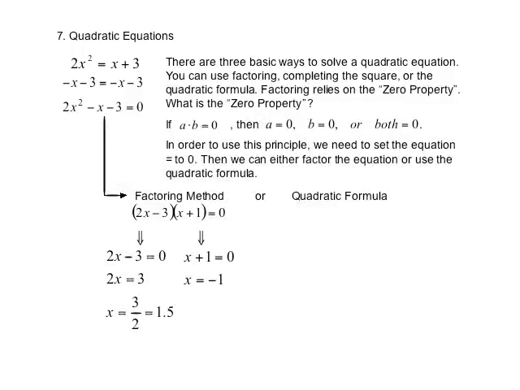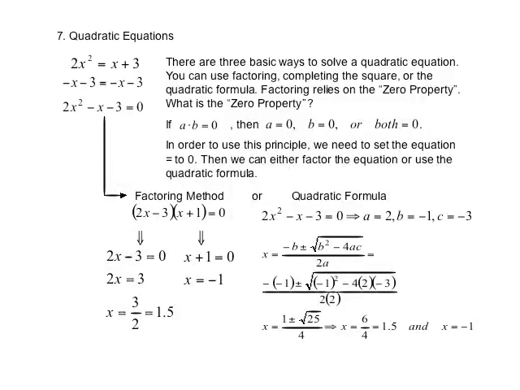Now let's see how we would do it using the quadratic formula. Okay, we still have to set it equal to 0, and once it is, this implies that a is equal to 2, b is equal to negative 1, and c is equal to negative 3 when you look at the general quadratic equation ax squared plus bx plus c equals 0. Now, the quadratic formula states that x is equal to negative b plus or minus the square root of b squared minus 4ac all over 2a.